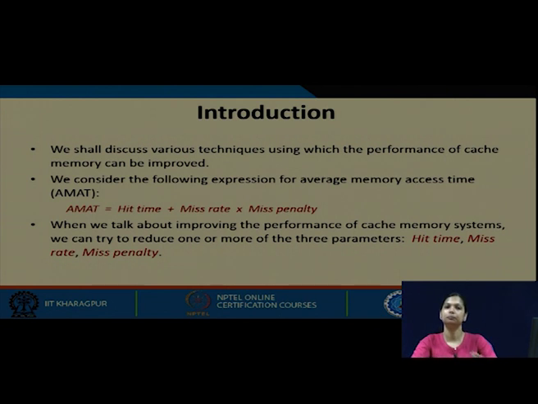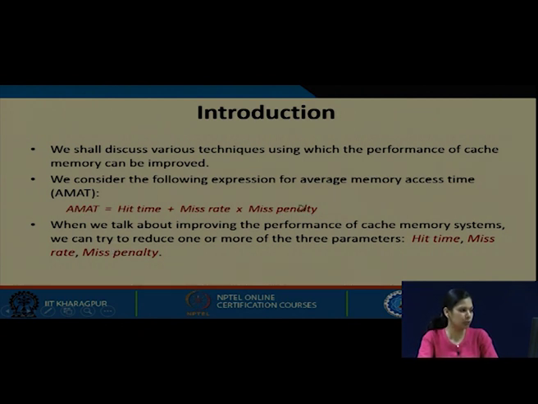Now, coming to the methods which we will look into in some detail for cache improvement, how we can further improve the cache. Let us consider the expression for average memory access time, AMAT, which is the hit time, basically hit ratio multiplied by the access time of the cache, plus miss rate into miss penalty.